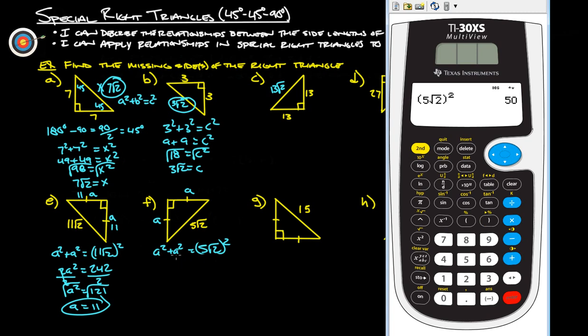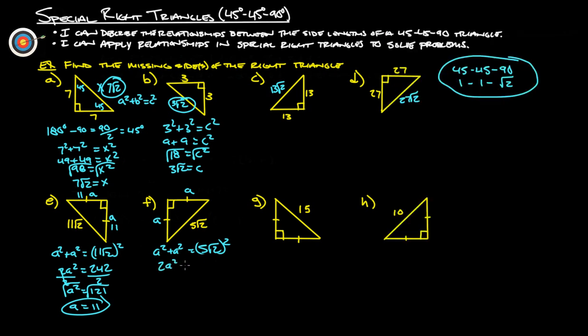So we have a squared plus a squared is 2a squareds equals 50. Divide both sides by 2, and we get that a squared equals 25. So we square root both of those, and we get that a is 5. So look, that's 5. And this here is also 5. So look, this was 5 root 2, and those just turned into 5s.